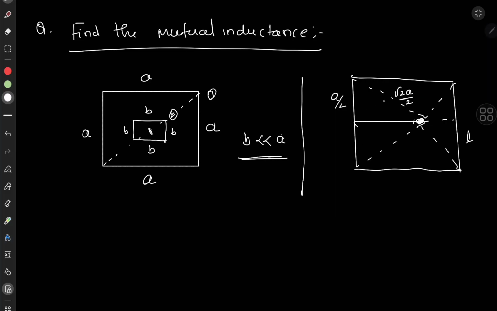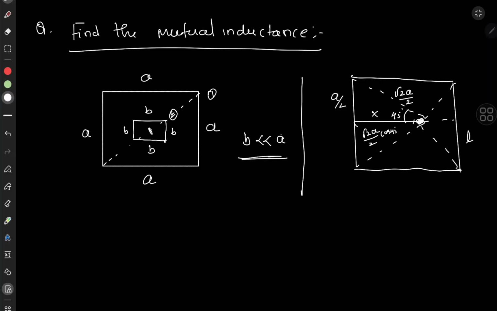After considering this, we can easily find this length. This is A and this is A by 2, and we get 45 degrees because this is a square. So this is going to be root 2 A by 2 into cos 45 degree.